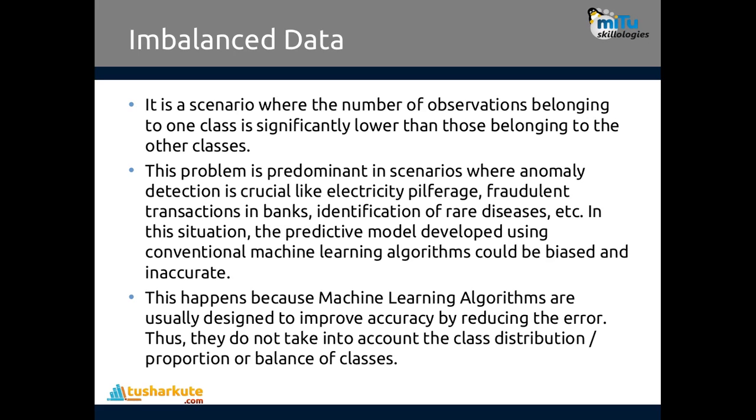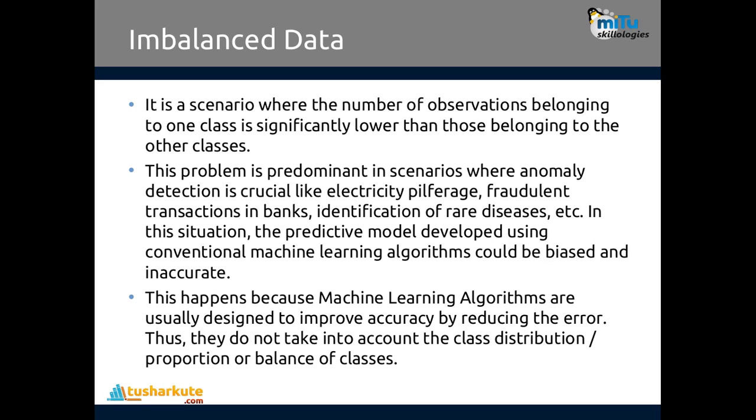In this situation, the predictive model developed using conventional machine learning algorithms would be biased and inaccurate. This happens because machine learning algorithms are usually designed to improve accuracy by reducing the error.